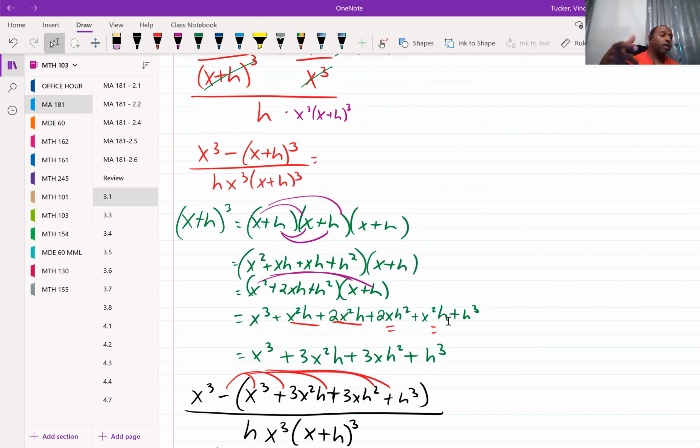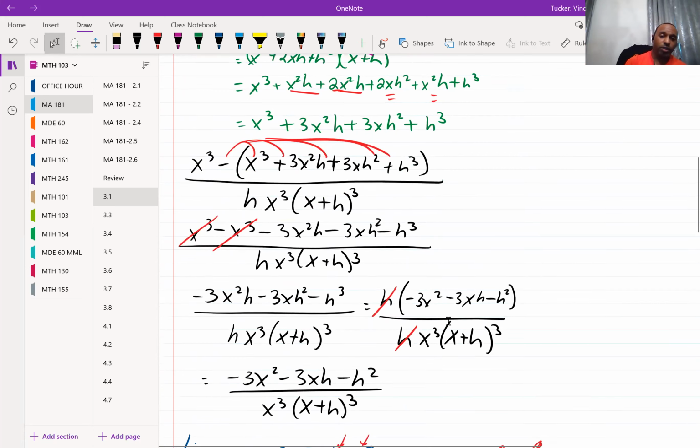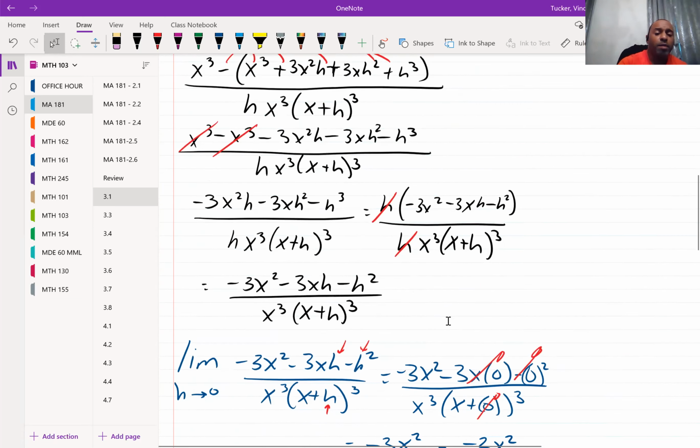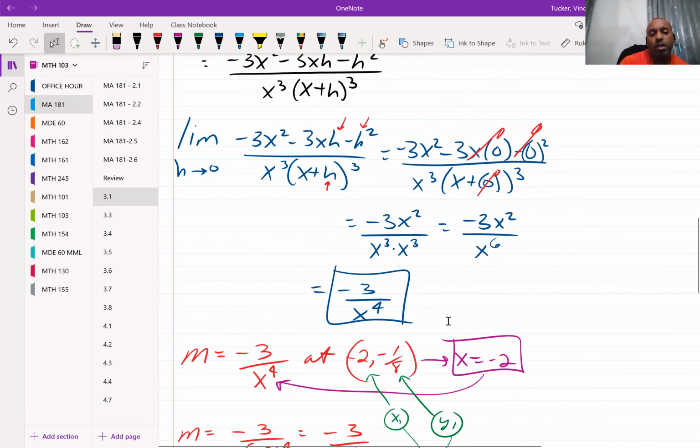The process is initially the same when you're finding your difference quotient. You plug in x plus h, expand that out, subtract f of x from it, divide by h, then apply the limit as h goes to 0, and then plug in x from the point that they gave to get your slope.